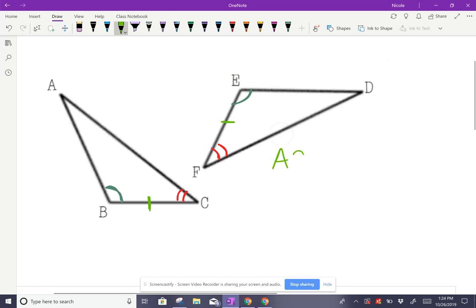So by angle, side, angle, I can say that triangle ABC is congruent to triangle DEF. So I don't even need to know other parts of the triangle. I just need to know that I have an angle next to a side and then next to another angle that are all congruent to each other.